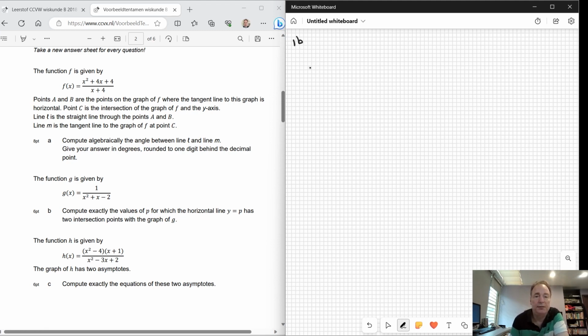So what are the intersection points? Well, g of x, or 1 over this thing here, is equal to p.